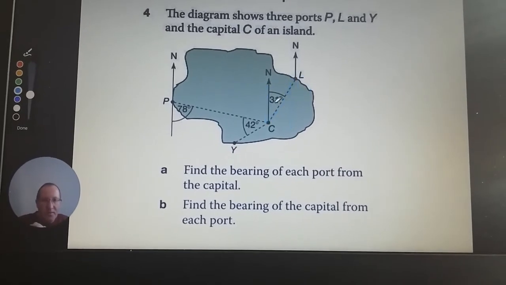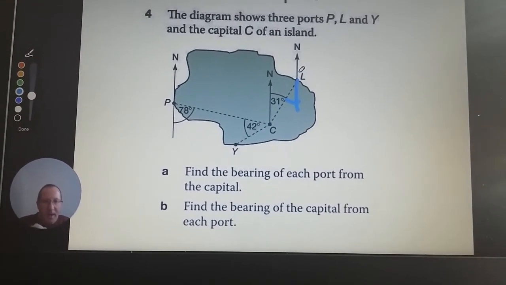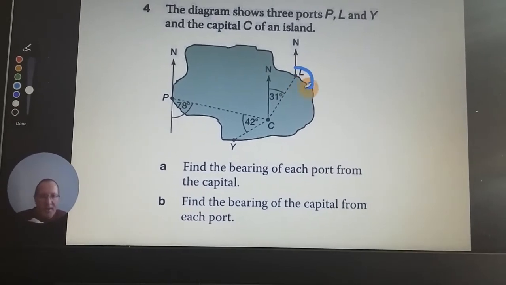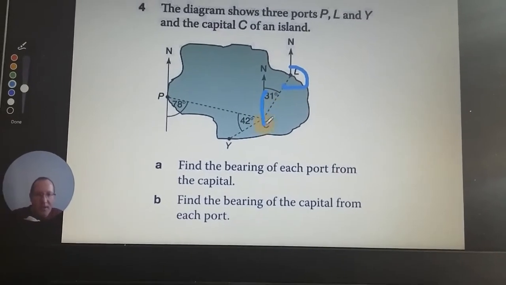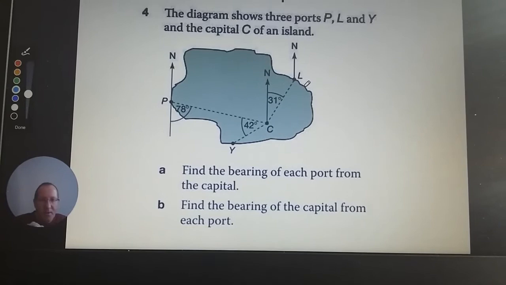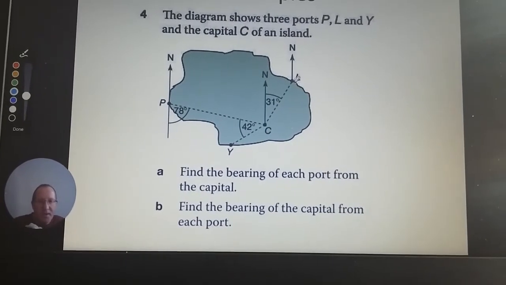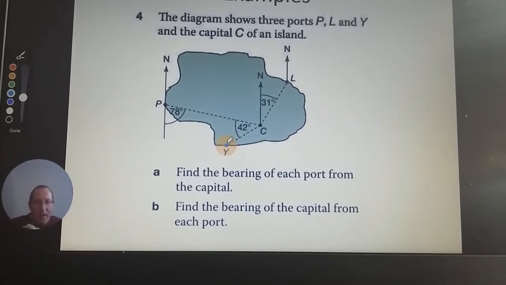That's 31 using my Z angle rule. That angle there is 31. So the angle all the way around is 180 to get to the straight line, and I've got an extra 31 from that Z angle that I can see there. So 180 and 31, that bearing is going to be 211.